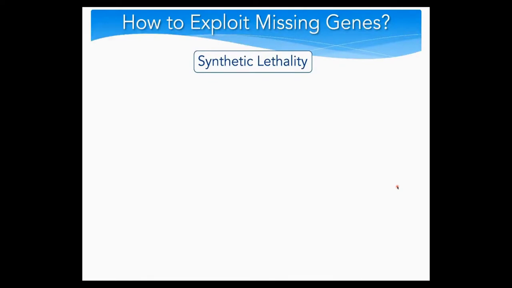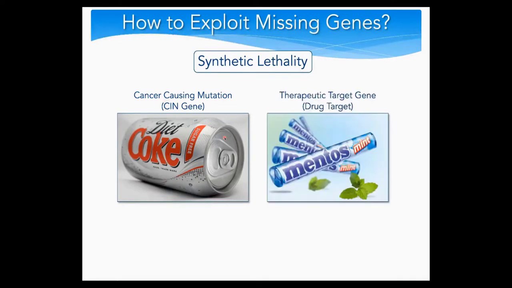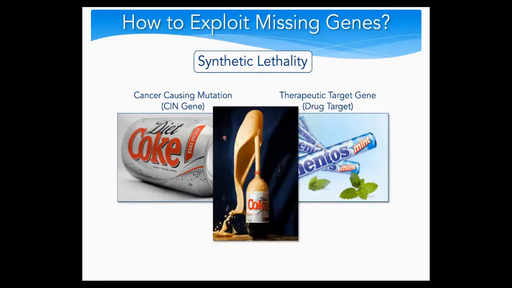To put that in a simpler context or analogy, I have the following schematic. What you can imagine is that we're trying to exploit a cancer-causing mutation, perhaps one of those CIN genes like skip1 I just spoke about. And we're trying to identify a rare interaction that will exploit the defect found in that CIN gene. I think many of you are familiar with Mentos, and if you drop Mentos into Diet Coke, you have a nice explosion.